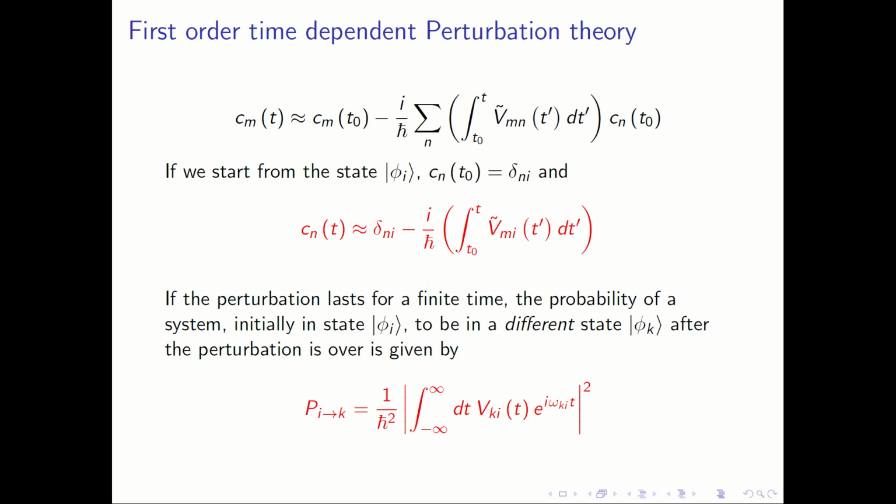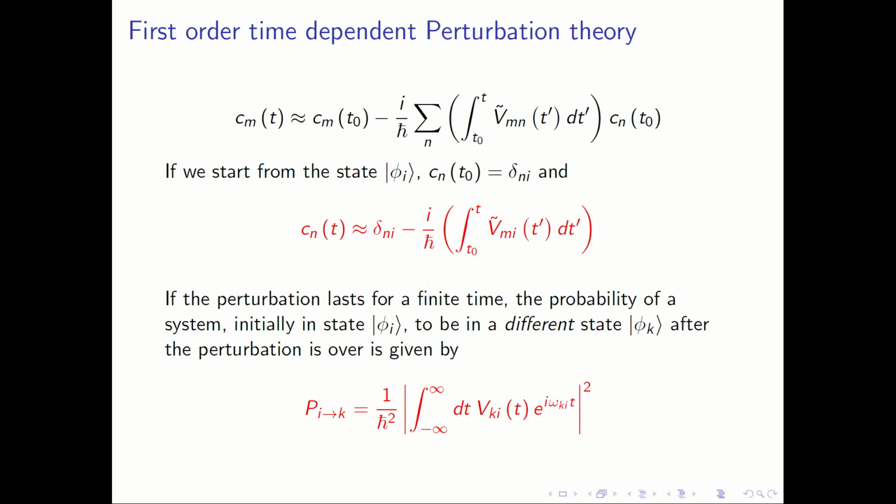In higher order perturbation theory, it may be possible to have a transition, but if the probability according to first order perturbation theory vanishes, then the chance of transition, even if it is non-zero, will be much, much smaller than otherwise. So such transitions will be called forbidden transitions.